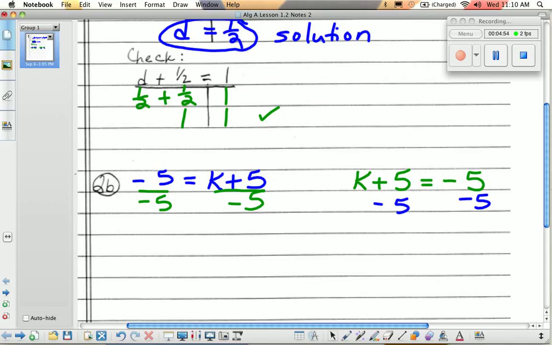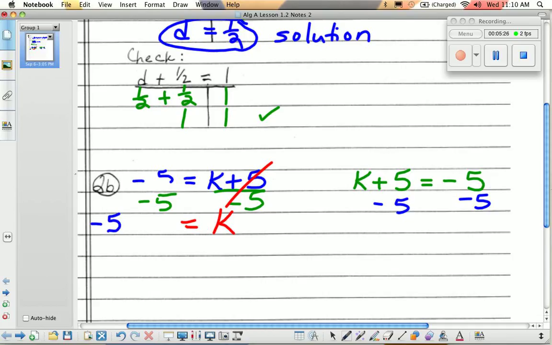Okay, but here's the thing that we just did over there. On this side, we're going to have the k by itself. These guys cancel each other out. They're gone. Now we have a negative, let's get this line out of here so it doesn't look like we're dividing. Now we have a negative 5 subtracted 5. What can we do with that? Can we rewrite this like this?